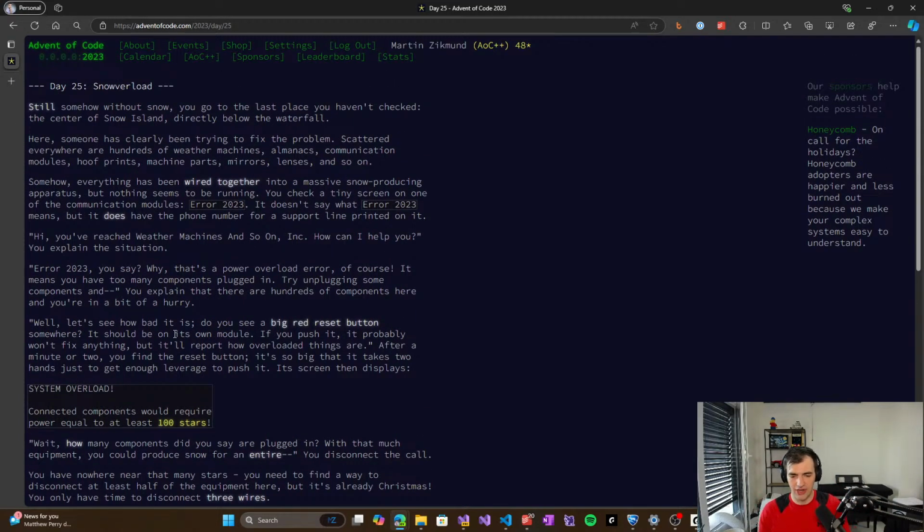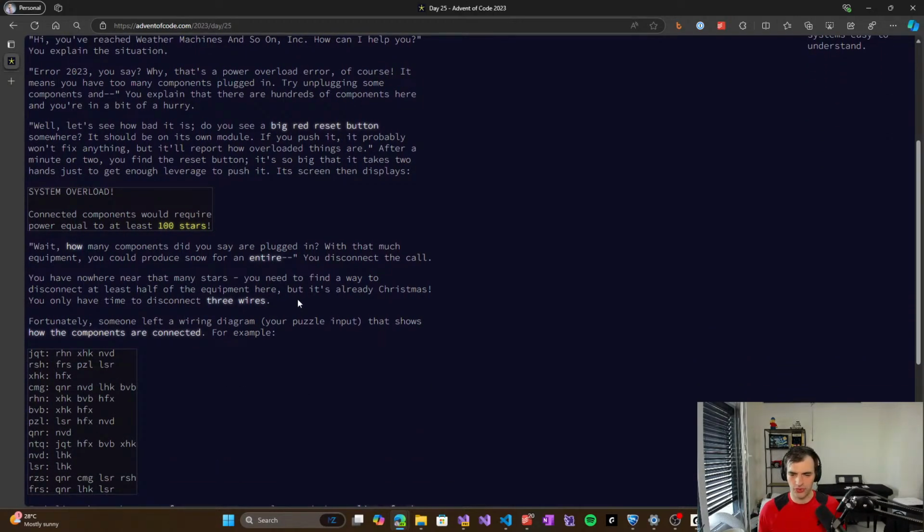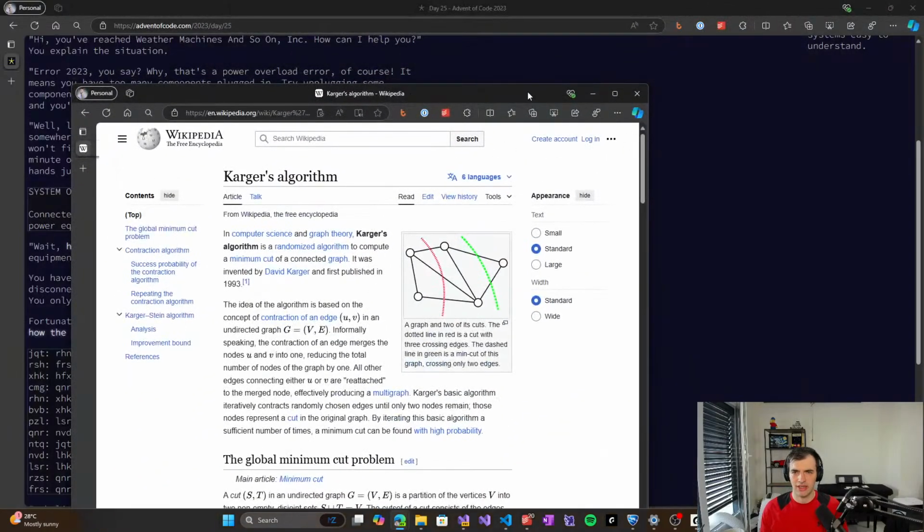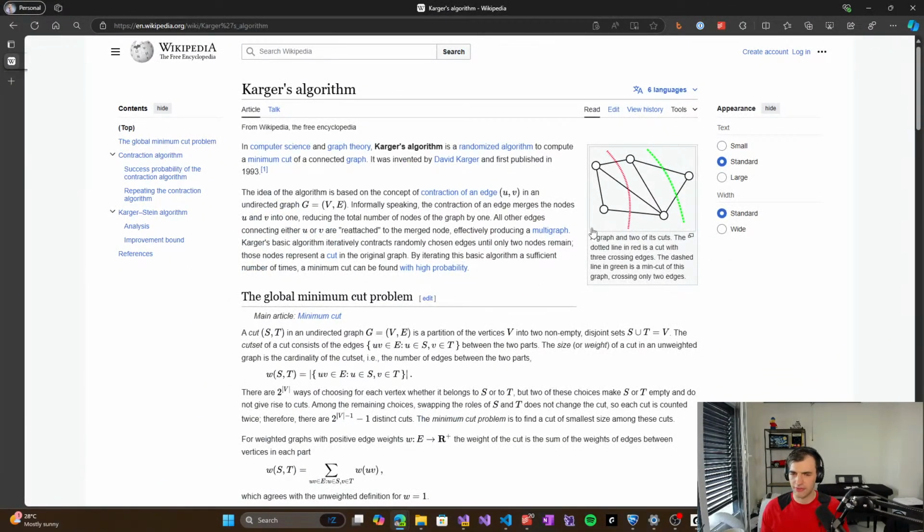Apparently, there's a lot of probabilistic algorithms that have a certain likelihood to give you the right solution after several runs, or many runs actually, and there is a Karger algorithm. Karger's algorithm exactly does something like this. It compresses the graph by removing edges and replacing them with one single node.